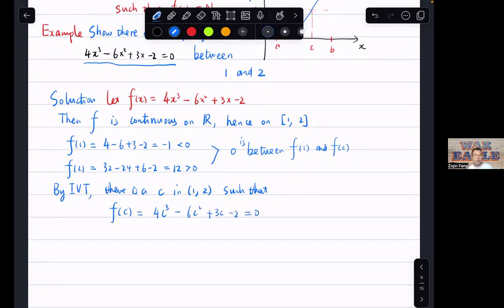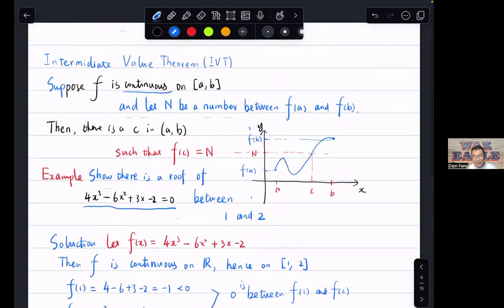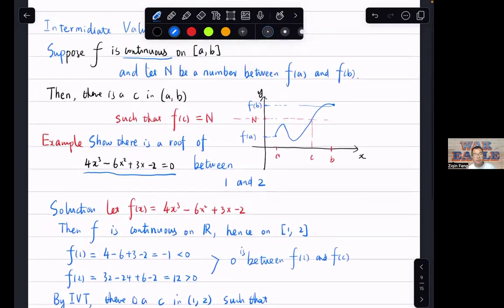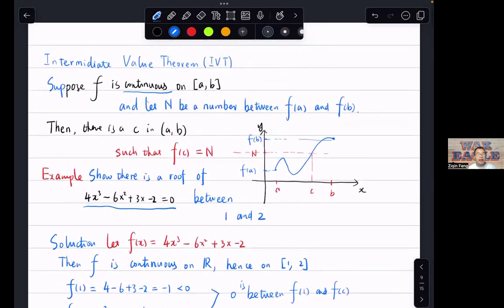So this C is the root of our equation. This is a very classic application of the intermediate value theorem. As I mentioned a couple of times, the intermediate value theorem is one of the foundational results in calculus.